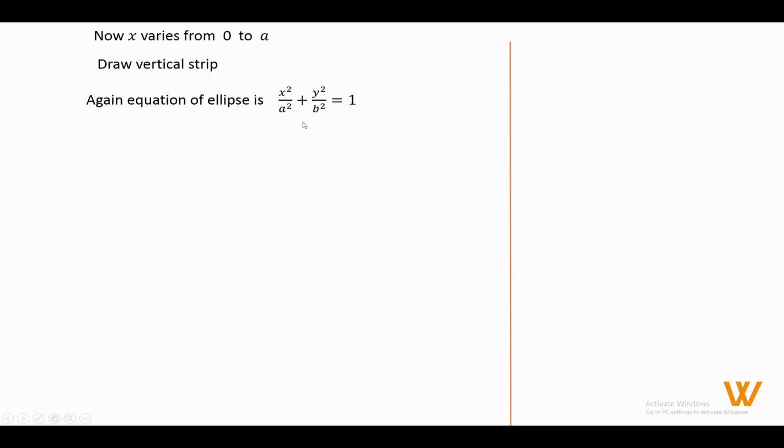So we get y square upon b square is equal to 1 minus x square upon a square. So y square equal to b square multiplied by the bracket, taking LCM a square, we get a square minus x square. Therefore taking square root of both sides we get y equal to plus minus b upon a into square root a square minus x square.